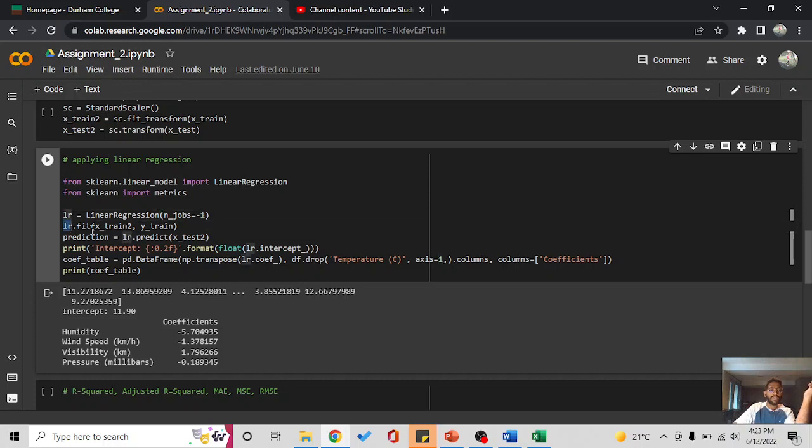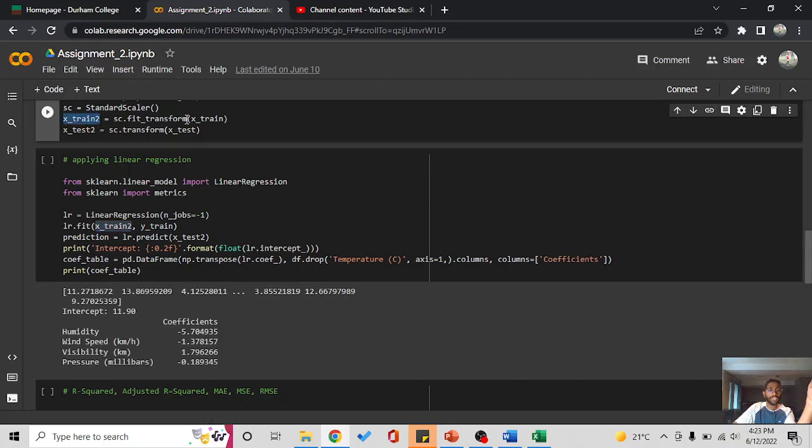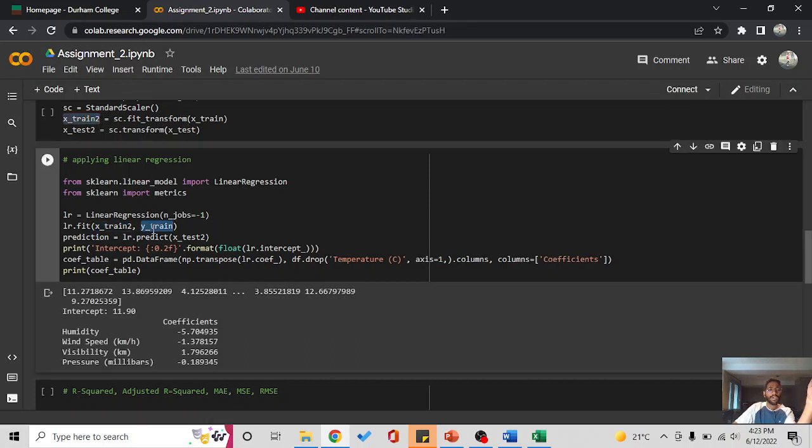Then this is where we fit the model. This is where we are actually using the train data for the machine to understand what's going on with the data. So we pass the xtrain 2 because we transformed it with scaling, and ytrain because we want y to be as it is, since it's the dependent variable.